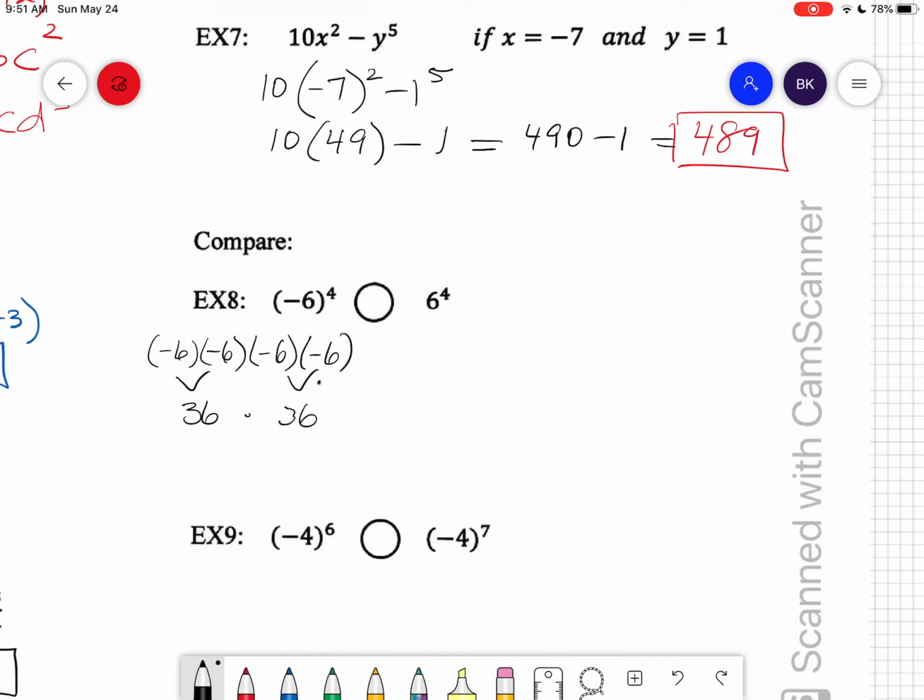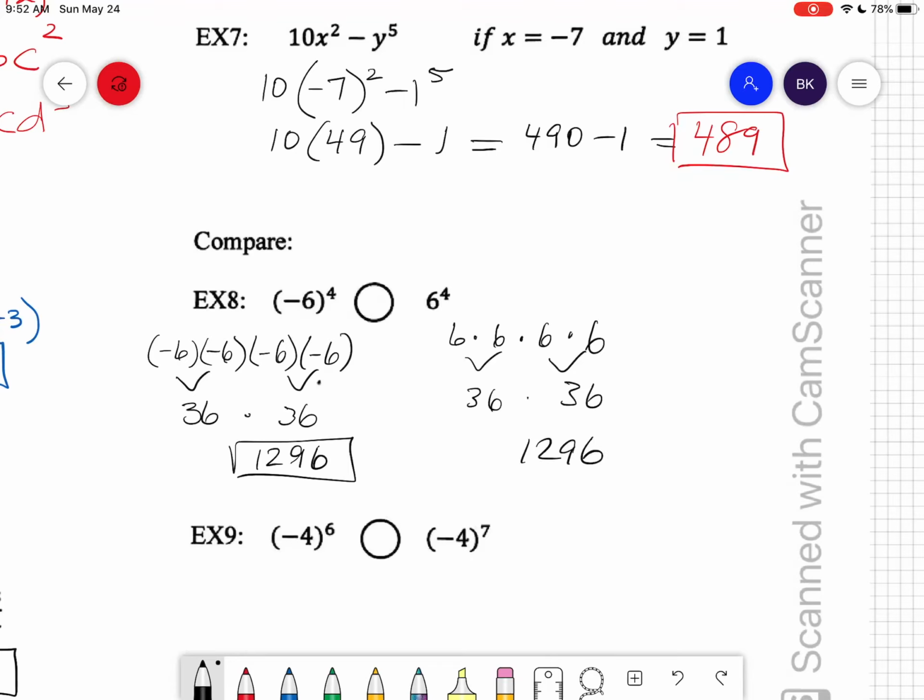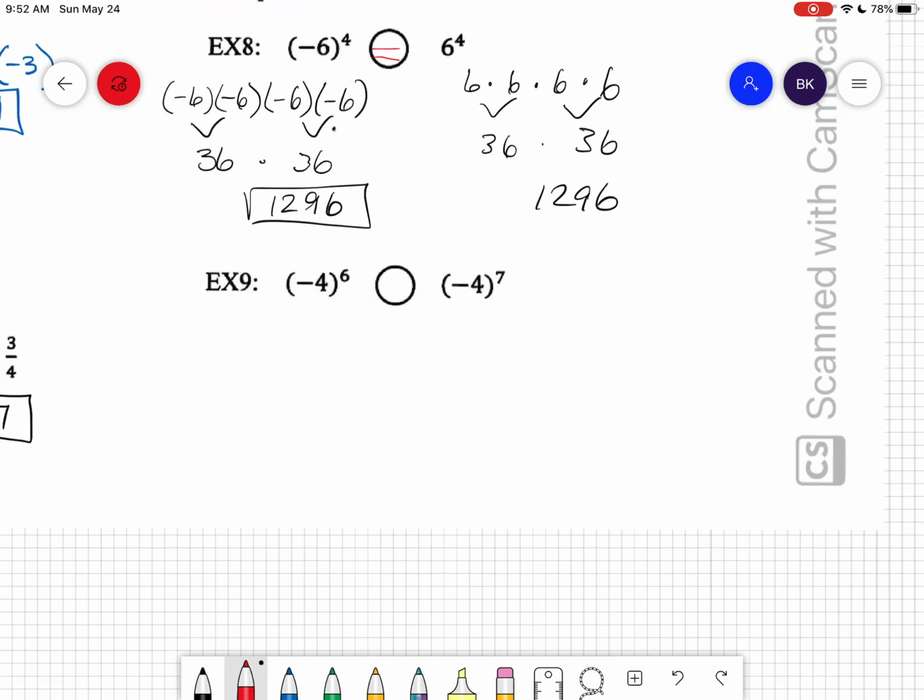The same thing on this side, and that's going to be positive 1296. 6 to the 4th is 6 times itself 4 times, which is exactly the same thing. So your answer should be equal sign. They are the same.